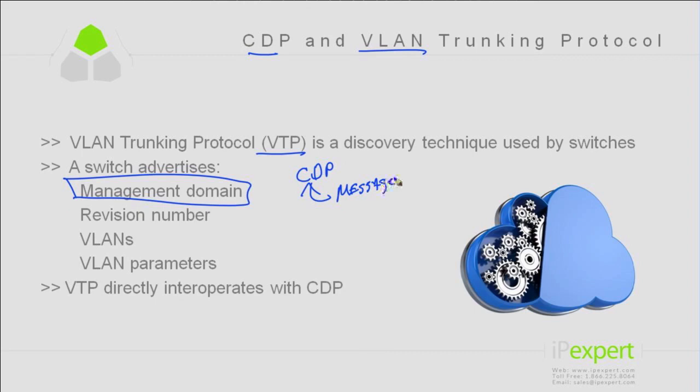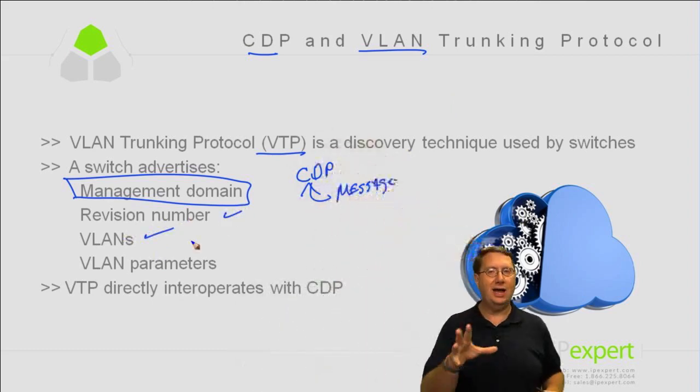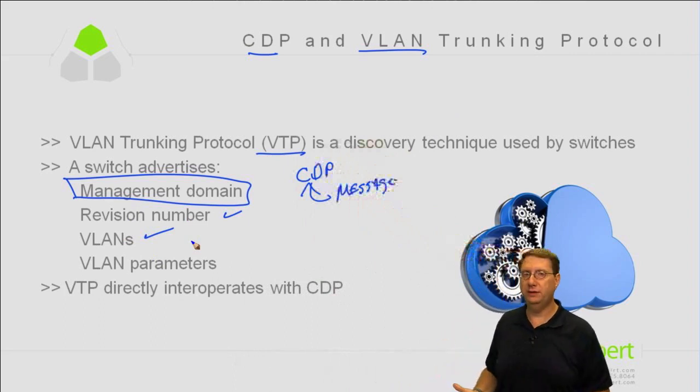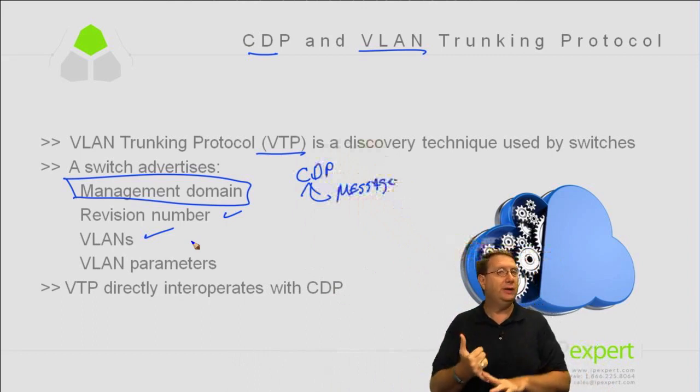And we'll see that when we look at the configuration. But beyond that, it's going to send information about the VLANs, something about the revision number, which is the value that we assign to a given database on a given device. The higher the revision number, the more believable the information is. Lastly, it's going to communicate those VLANs.